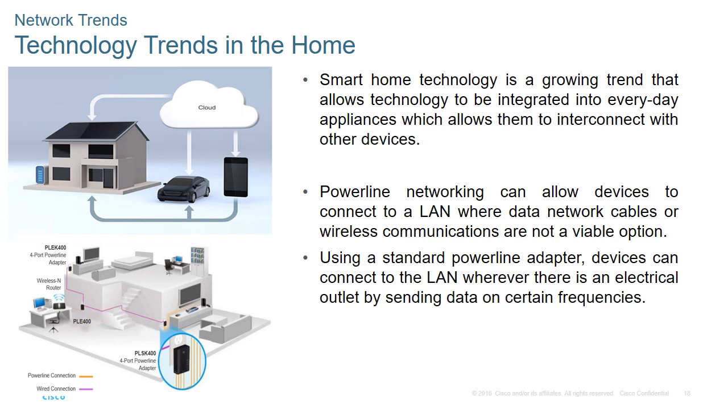The next thing is power line networking. What is this power line networking? Say for example, if there is no option available to set up a wired network or wireless network in a particular place, in that place we can use power line networking.